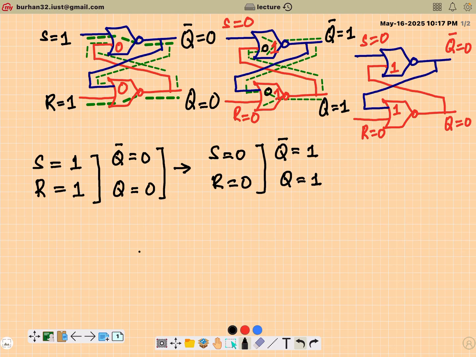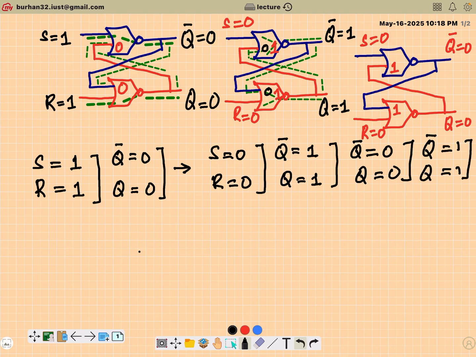So if I show it here, Q bar is equal to 1, Q is equal to 1, then after some time, because of the feedback condition, even if I keep S is equal to 0, R is equal to 0, it will automatically change to 0 and 0. Then these will be rippled back again. Q bar is equal to 0, Q is equal to 0, which means after some time it will again change to 1 and 1.